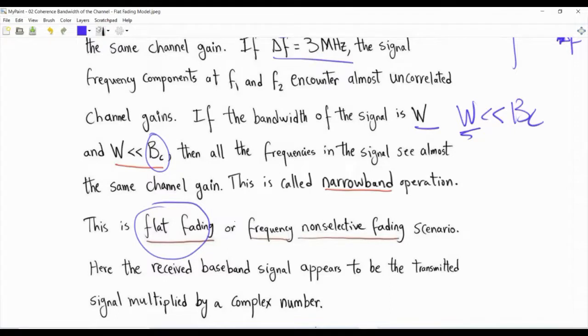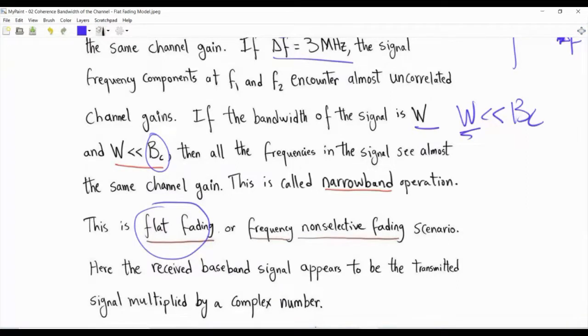What we are saying is that if the bandwidth of the signal is much smaller than the coherence bandwidth of the channel, it means that if you take any F1 and F2 in the signal, delta F will be much smaller than the coherence bandwidth. So basically, all spectral components are almost seeing the same channel. They encounter not a function H of F, but just a single constant number.